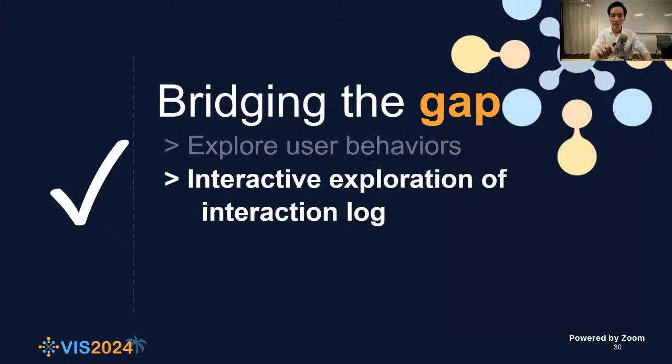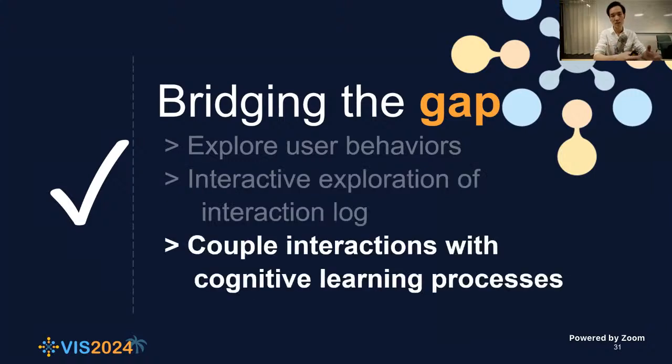To this end, we propose a visual analytics approach designed to assist and support domain experts in the interactive exploration of interaction log, as well as coupling interactions with cognitive learning processes.